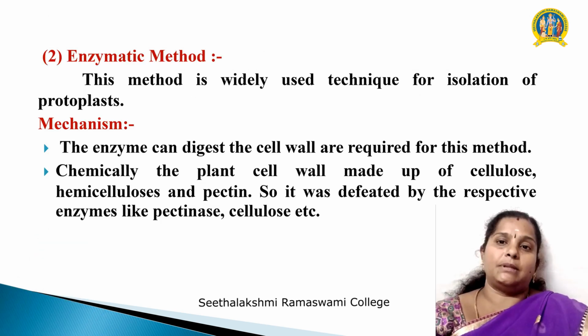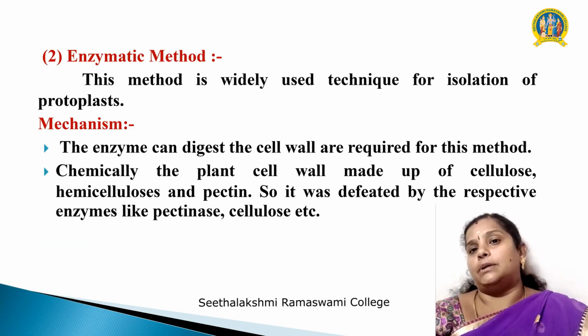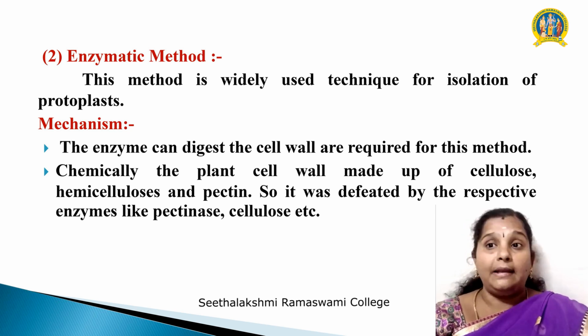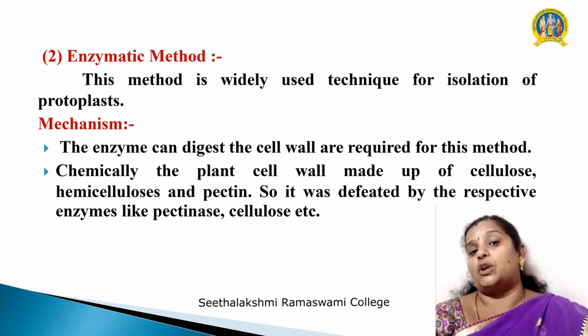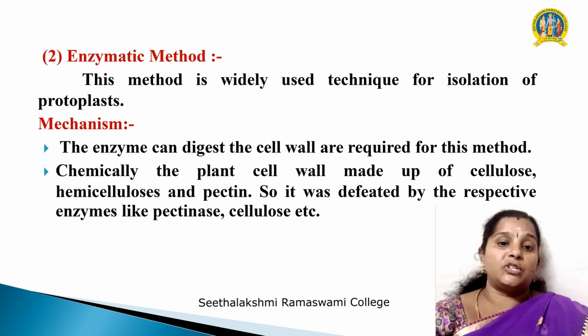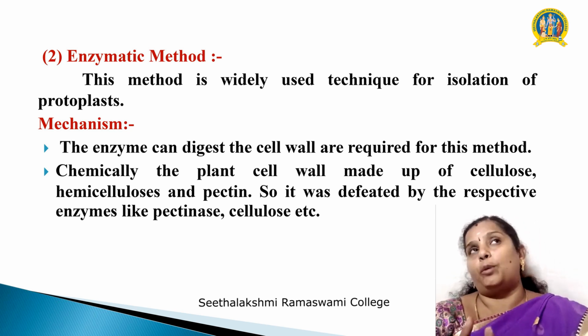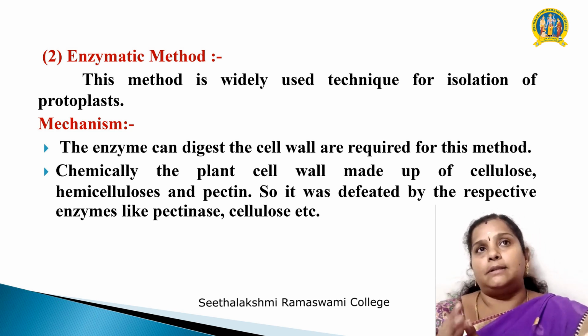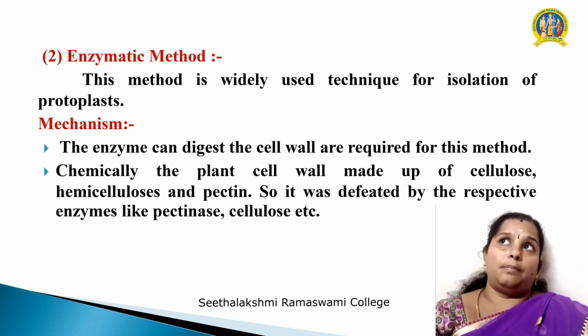Then, the second method, the enzymatic method. This method is the widely used technique for isolation of protoplast. The mechanism: the enzyme digests only the cell wall, while the protoplast retains the plasma membrane and other cell organelles.